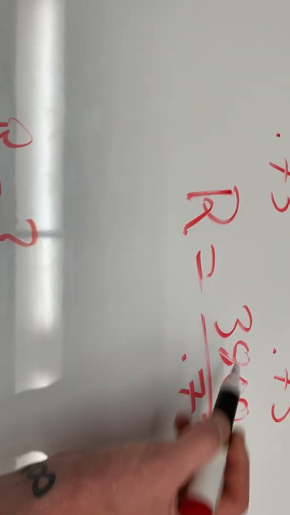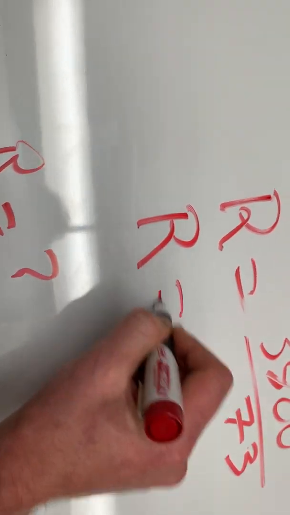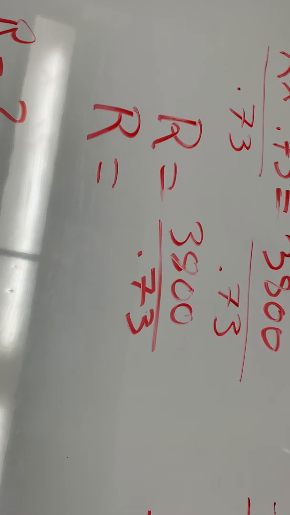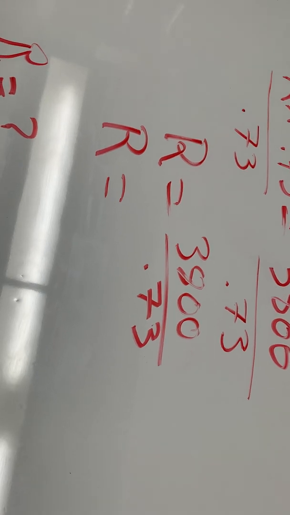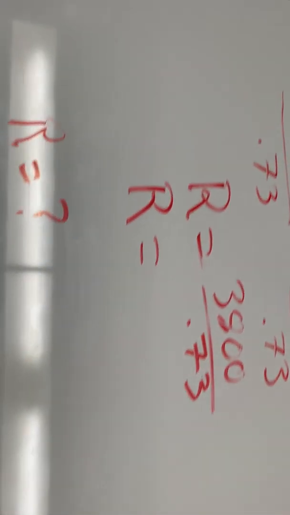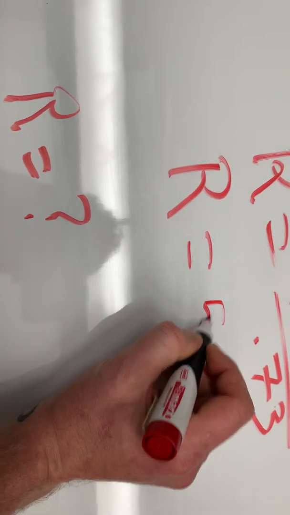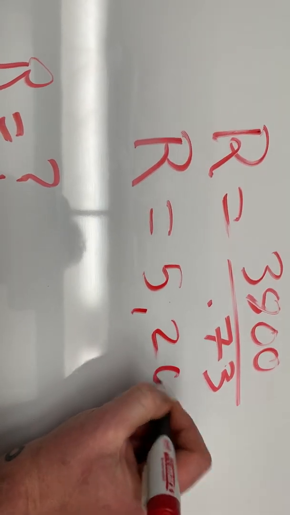So you just divide 3,800 by 0.73, and you come up with a nice number. It's going to get bigger. 5,206.